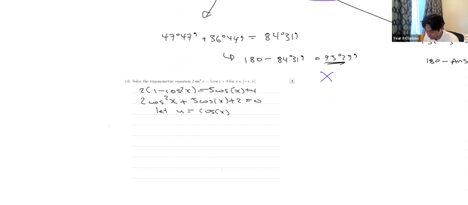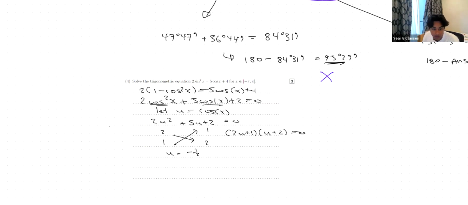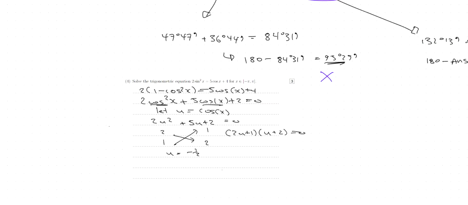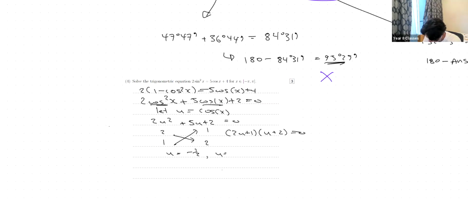In fact, it is a quadratic. So why not just make it look like a quadratic? Then doing that, you're going to get 2u squared plus 5u plus 2 equals 0. And then it's just the cross method. So 2, 1, 2, 1, like so. So 2u plus 1, u plus 2 equals 0. And you get u equals negative a half, u equals negative 2. Then you can bring back in your cos x, like so.